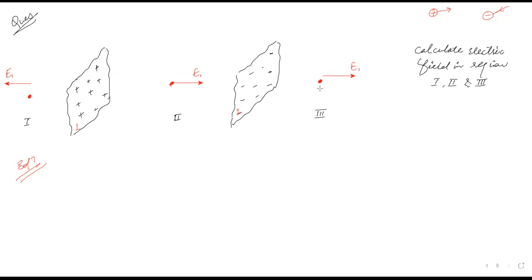It will always be towards the charge. Are you understanding? Yes, sir. And in region 2, it is once again towards the charge. Then what is the direction of towards? This is your towards direction. Are you clear?